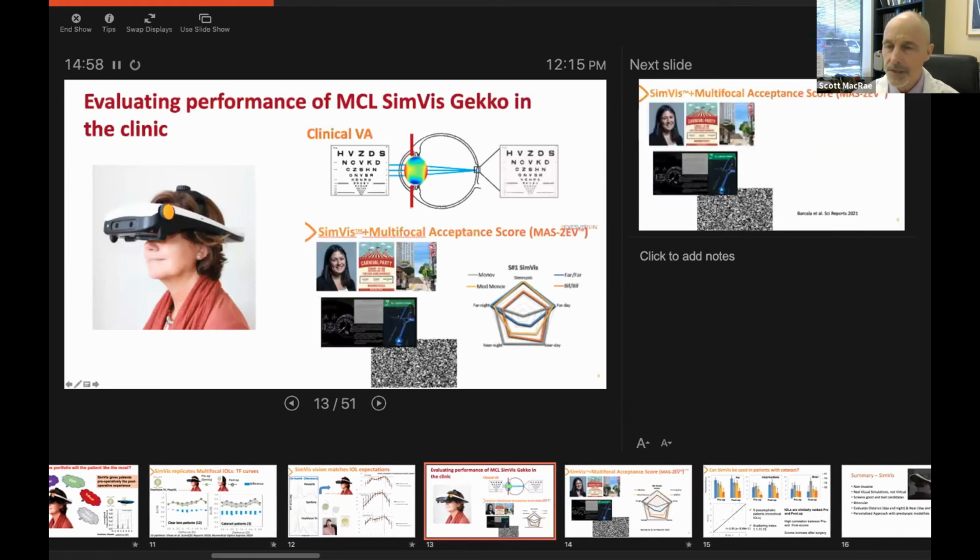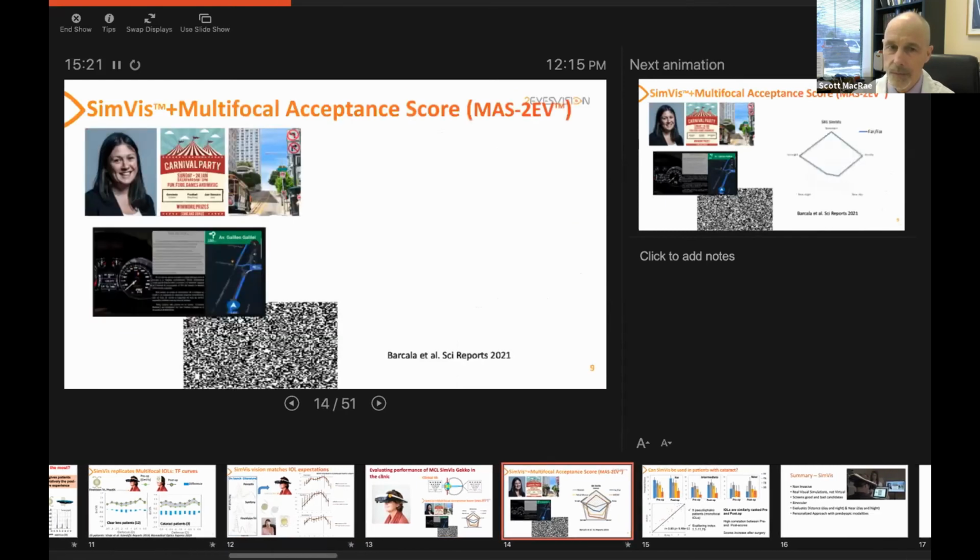So this allows us to actually do a performance evaluation using what Dr. Marcos and her group call the Multifocal Acceptance Score, or MAS. They can do this with simulating contact lenses and then see how they do with that. And they can also do it with intraocular lenses.